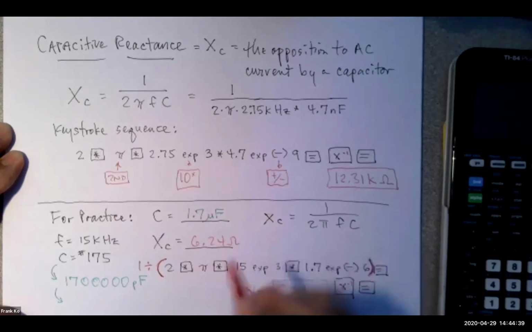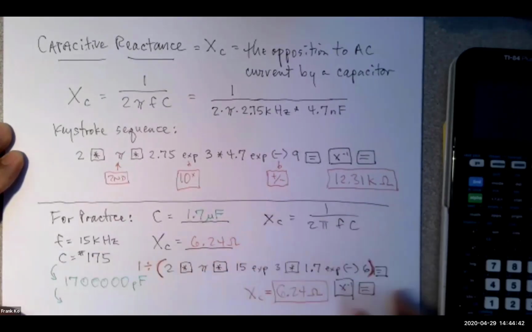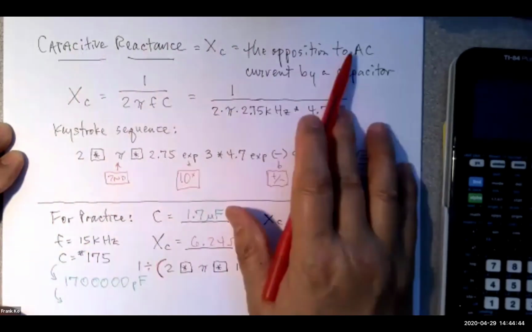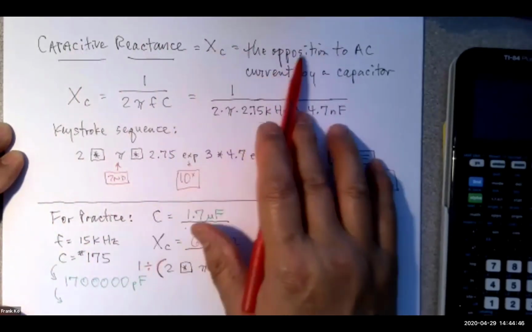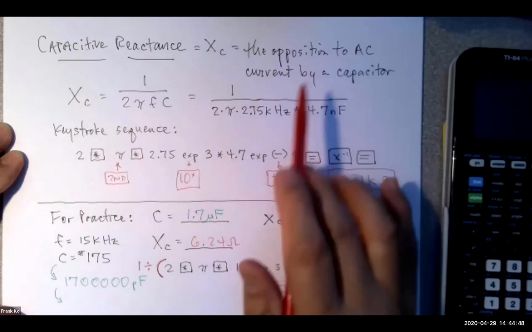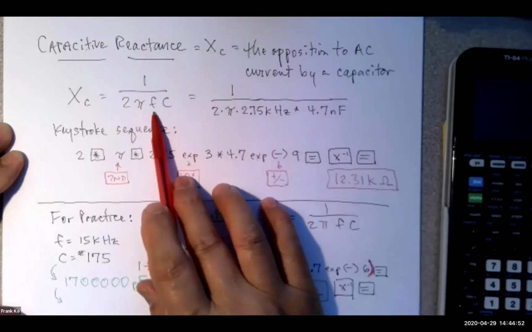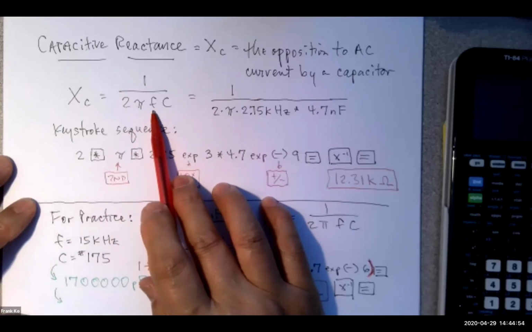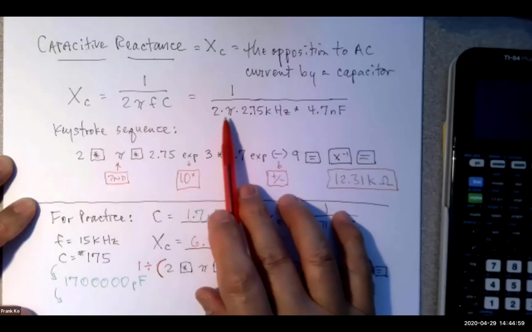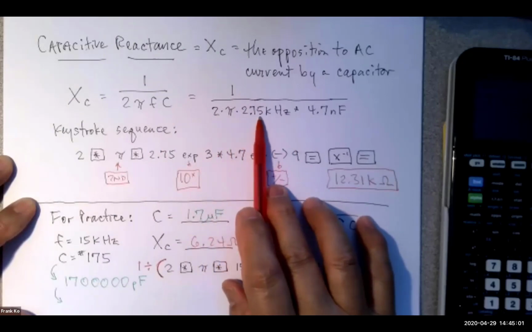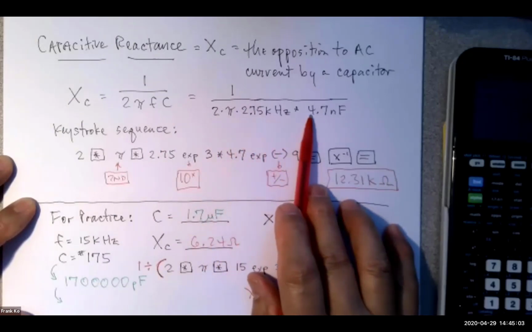6.24 ohms. All right, so that was a good exercise in capacitive reactance. What is it? It is opposition to AC current by a capacitor. Frequency indicates we have AC. And in the first example that we were given, we popped in the numbers 2.75 kilohertz, 4.7 nanofarads.